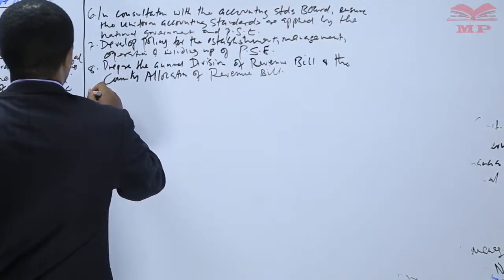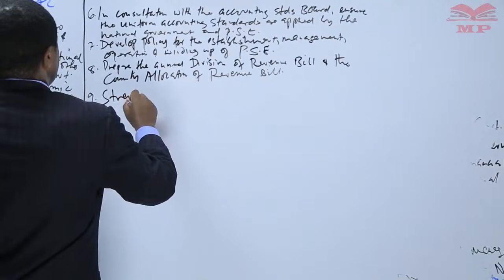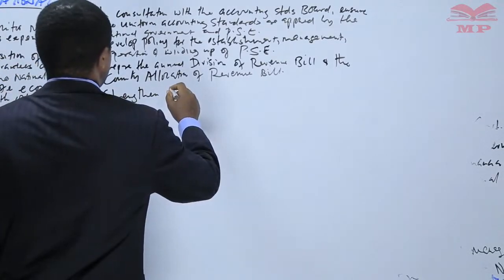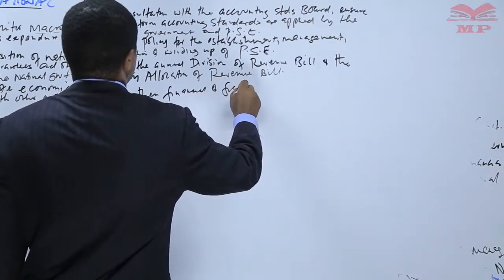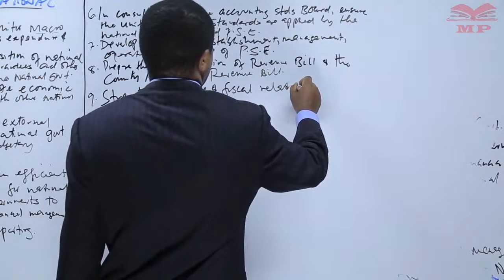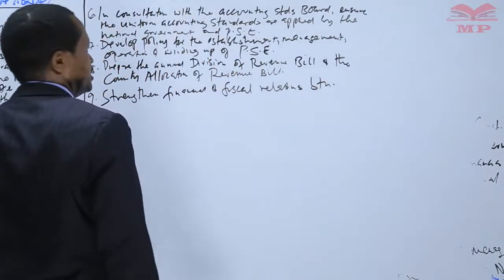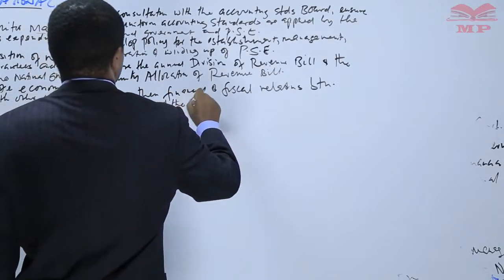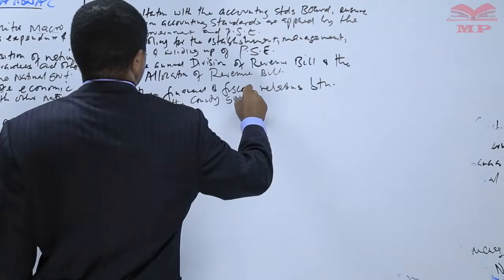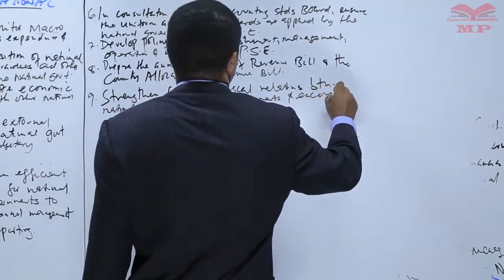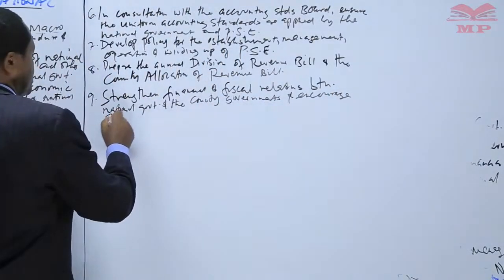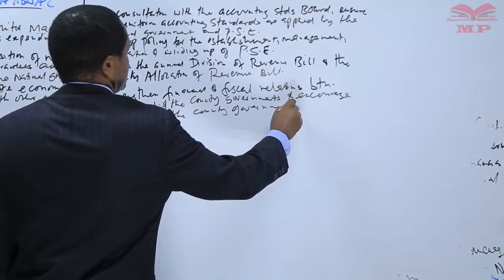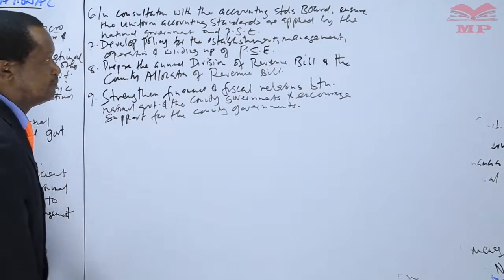Number 9, the third function of National Treasury is to strengthen financial and fiscal relations between the national government and the county governments, and encourage support for the county governments.